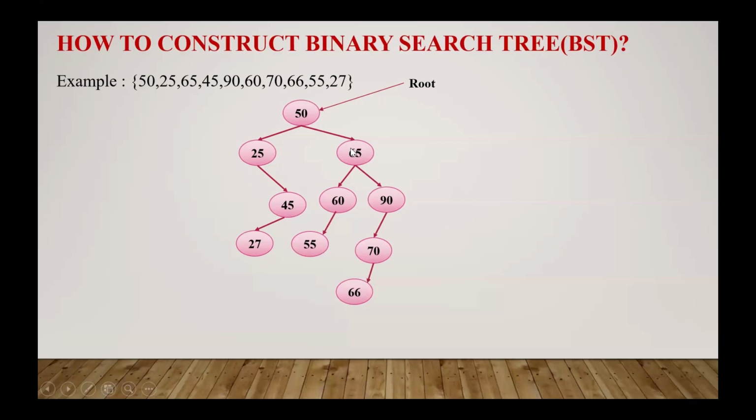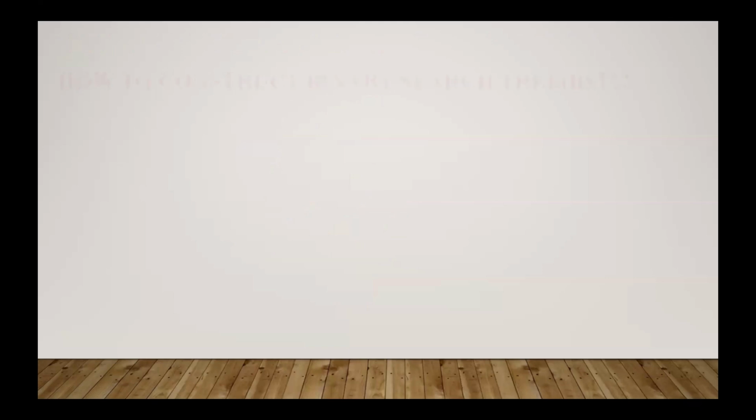If we consider root 65, 60 and 55 are less, so they are in the left subtree; the right subtree is 90, 70, 66. So it satisfies the condition for the binary search tree. This is a simple way we can construct the binary tree.